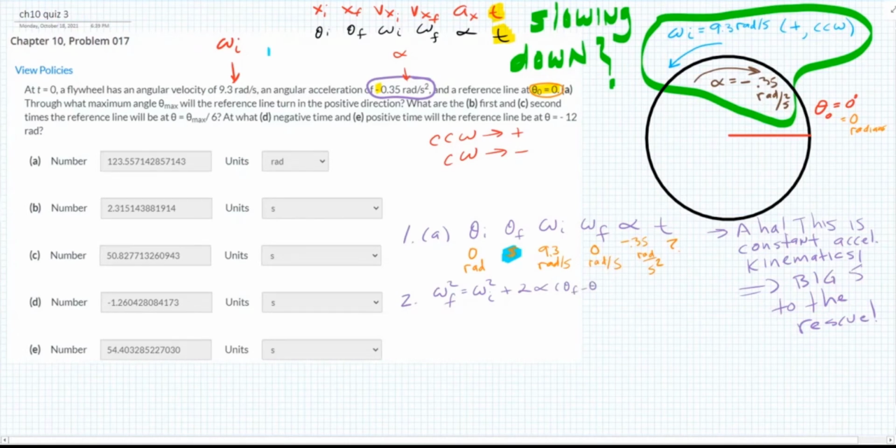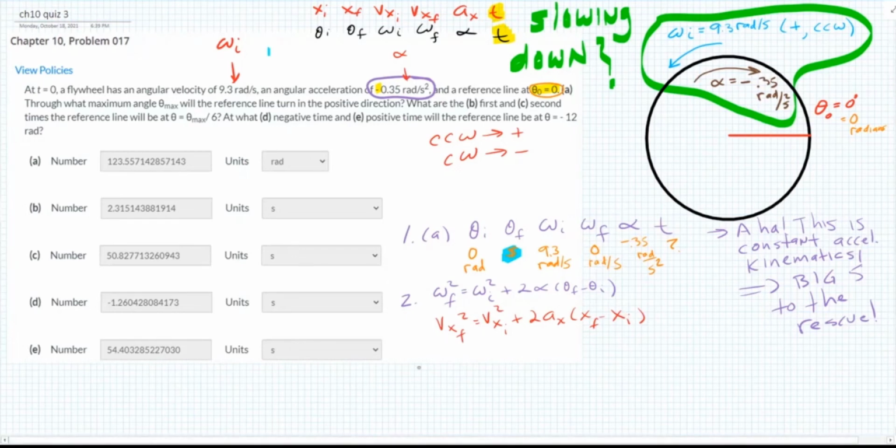And just to point out, remember we had VXF squared equals VXI squared plus 2A sub X, final minus X initial. You don't have to have these memorized. You know where they live in your green sheets, and you have to know how to apply this stuff, which is where the practice comes in.